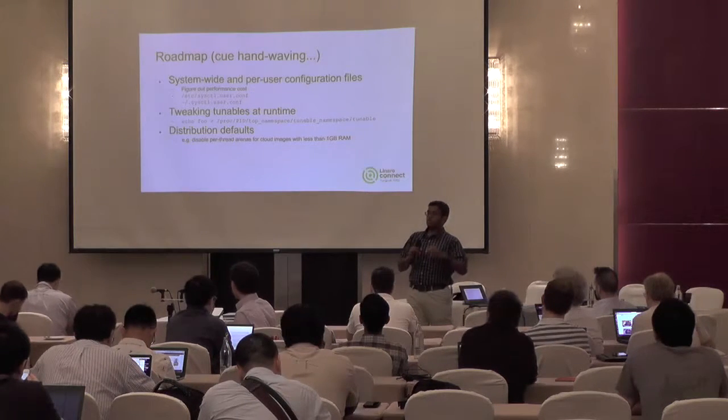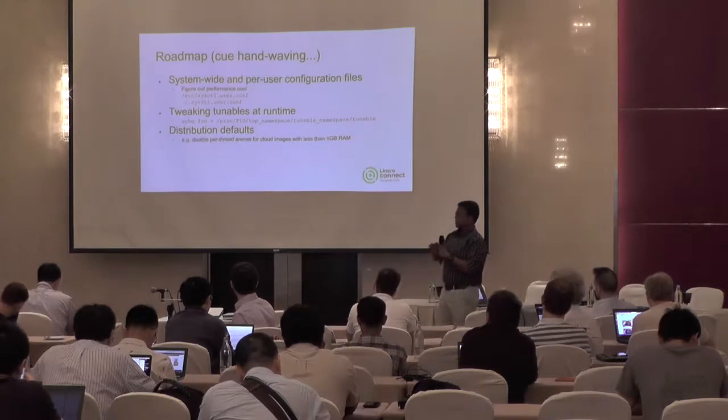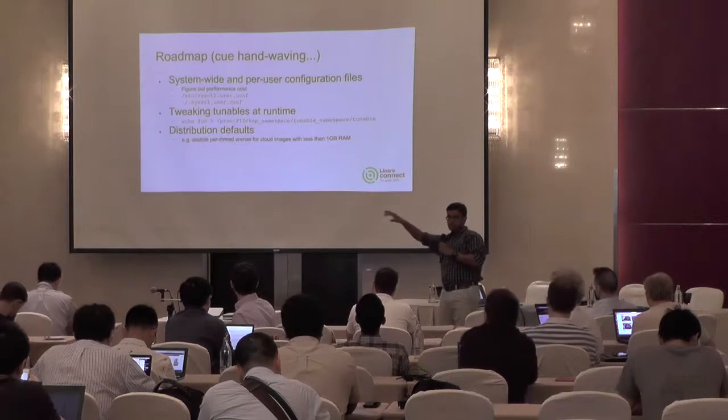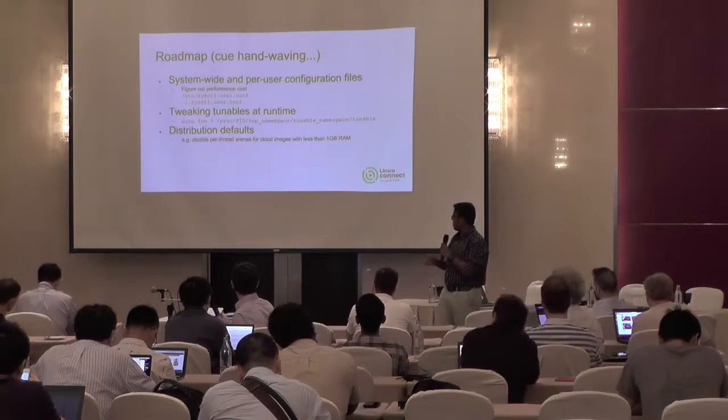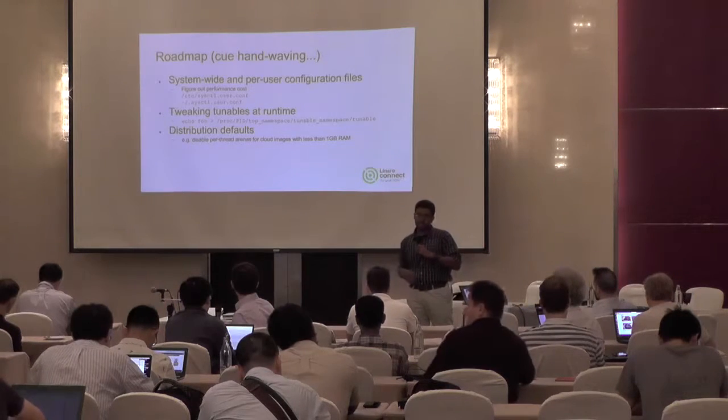And to do that, you should not have to restart your process. You could just fire away this command, echo whatever value to that tunable name, and it should modify the future thread stack sizes.